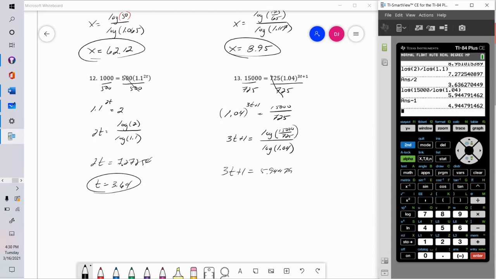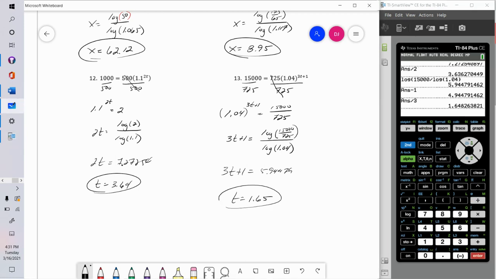That now is 3t. To solve for t, I'm going to need to divide that by 3. 1.65. Okay, so there's a quick look at logarithms. It's not a complete exploration of logarithms, but it is logarithms to the extent that we will need them for the remainder of this course.